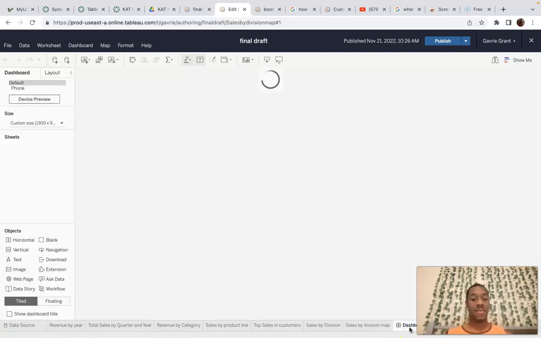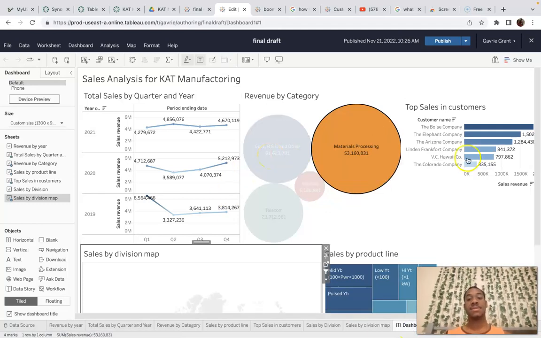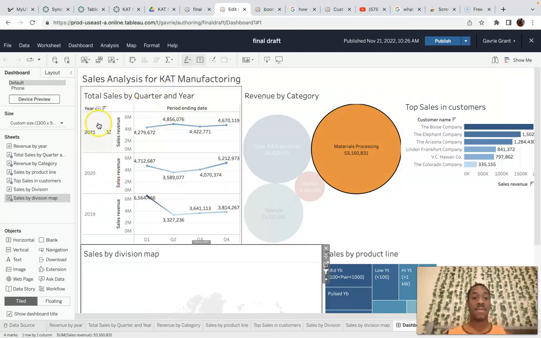Right. So lastly, I'd like to just answer a few questions based on this graph. The first question is, what was total sales revenue for the third quarter of 2020? So this is the total sales by quarter of the year.